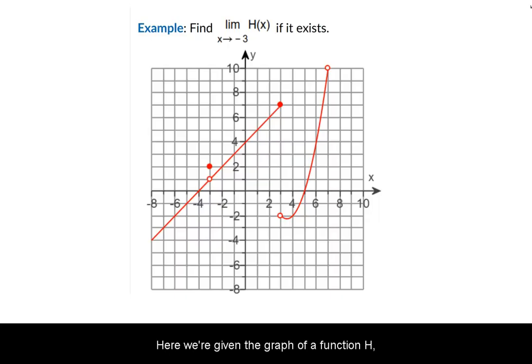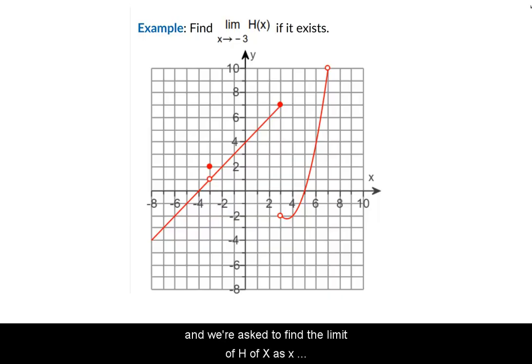Here we're given the graph of a function h, and we're asked to find the limit of h of x as x approaches negative 3. If we look at the graph as x approaches negative 3 from the left side and from the right side, the value of h of x, or y, approaches 1.